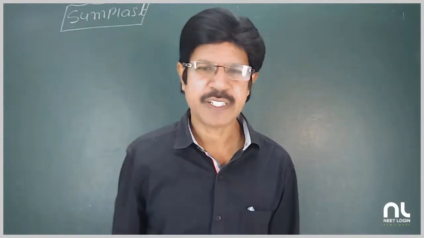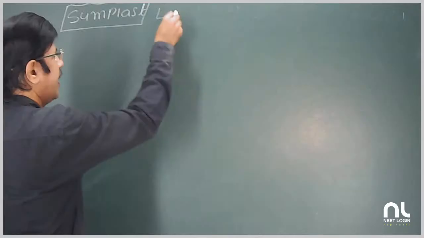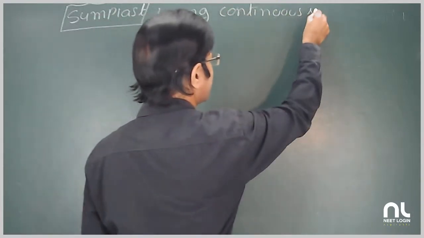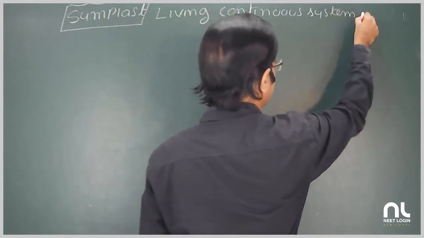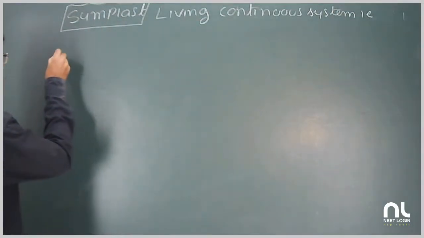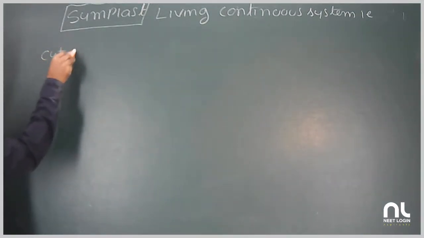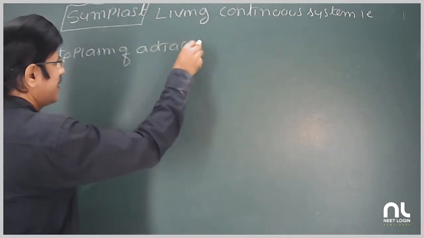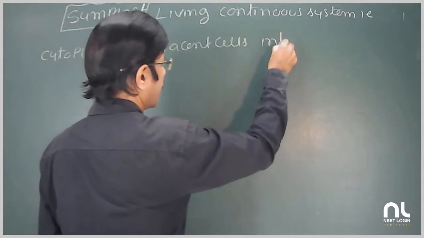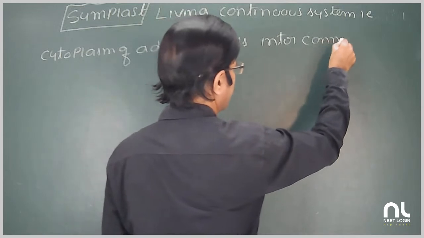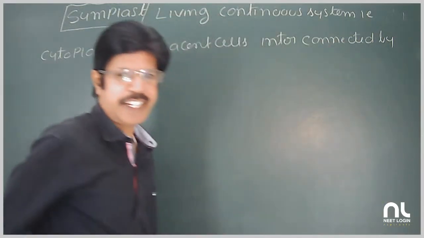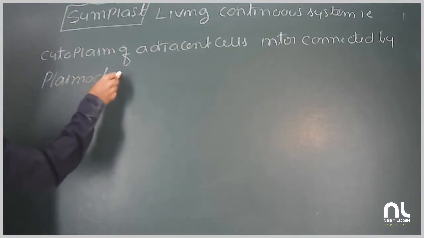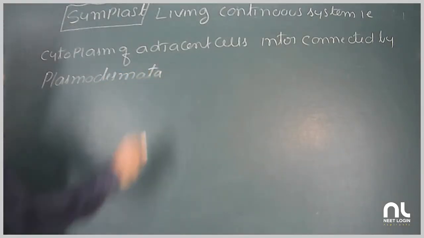What do you call symplast? A living continuous system, that is, the cytoplasm of adjacent cells interconnected by plasmodesmata.